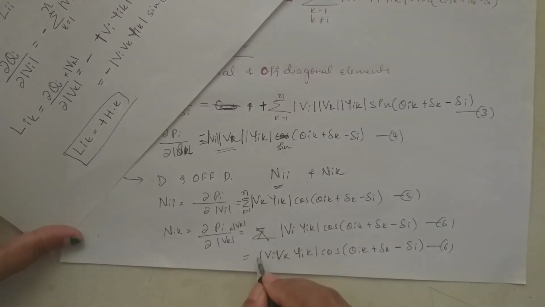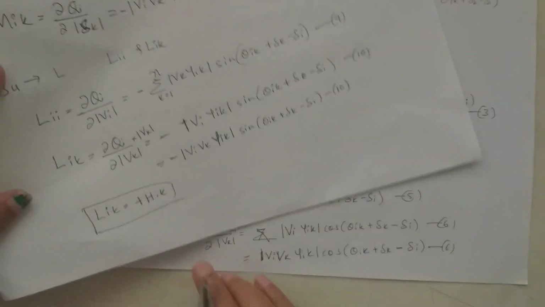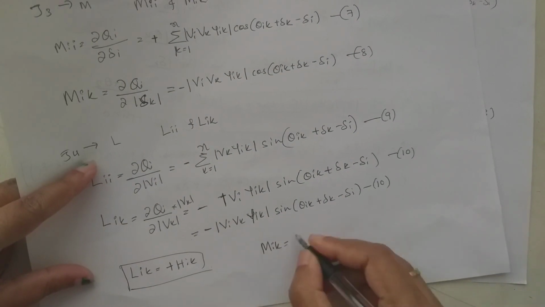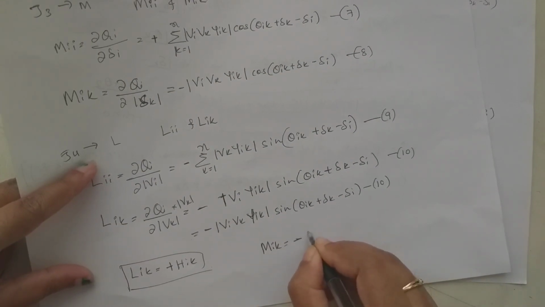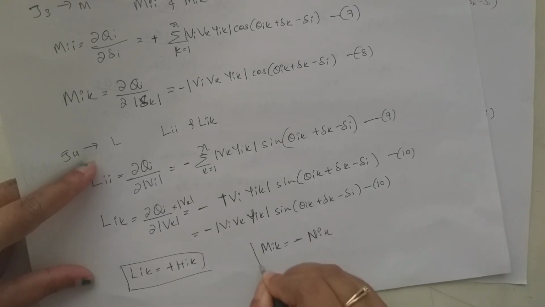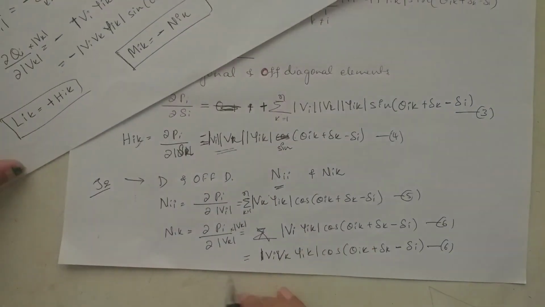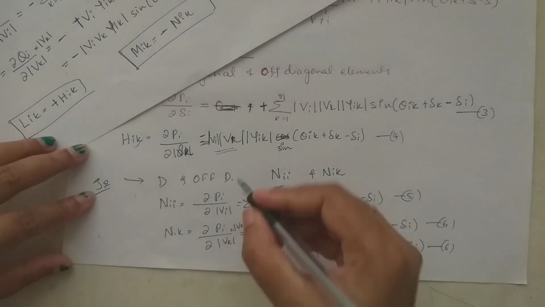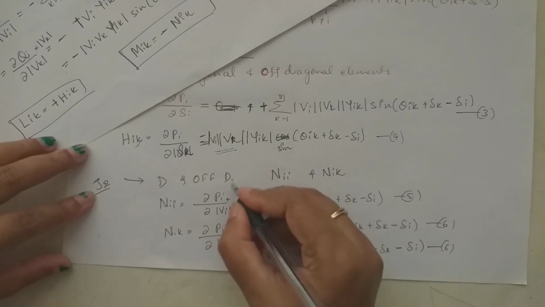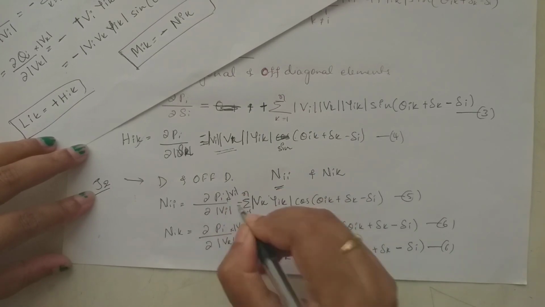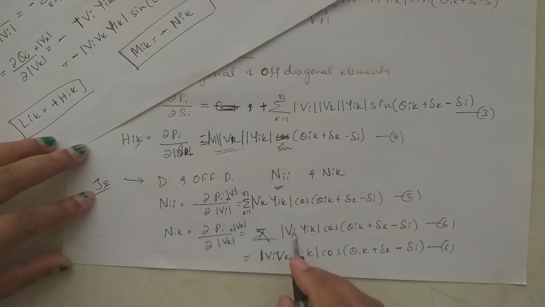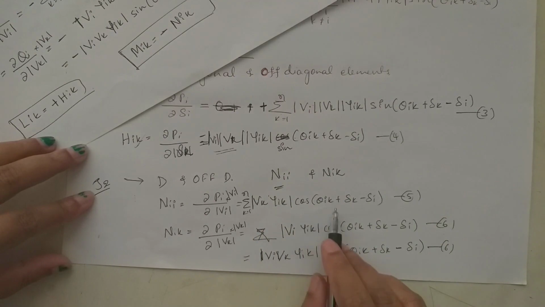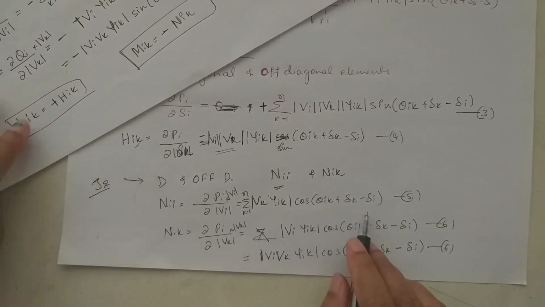So now observe that NIK as well as MIK are the same, only MIK is minus of NIK. Similarly, wherever we are differentiating with respect to V, we have to multiply it by V. Here we multiply by Vi, then it will be summation Vk Vi Yik cos(theta ik plus delta k minus delta i).